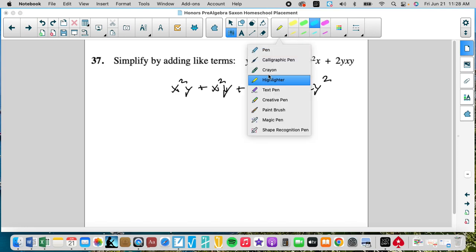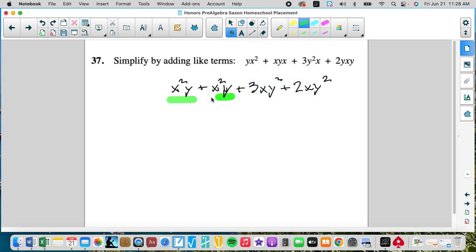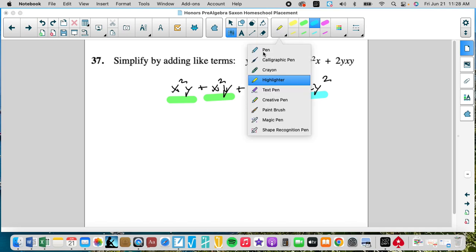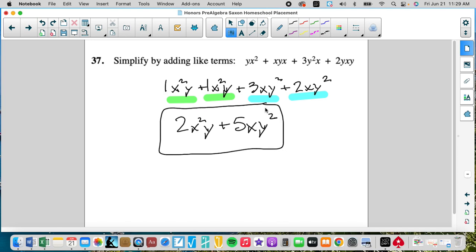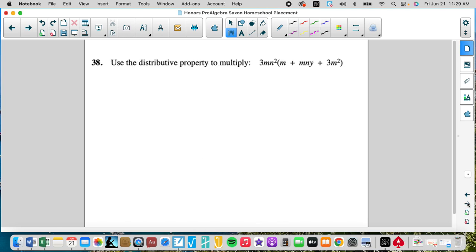So like terms here, this is a like term, this is a like term, this is a like term, this is a like term, because they have the same variable to the same exponent. And when we combine like terms, we combine their coefficients. Coefficient is 1, so we get 2x squared y. Coefficients are 3 and 2, so we get 5xy squared. And x squared is going to come before x, so that is the correct order for your answer.